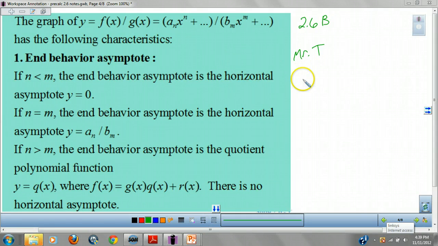Please. Okay, so remember, you have your numerator over your denominator, right?